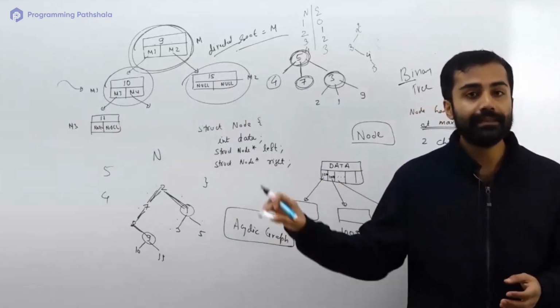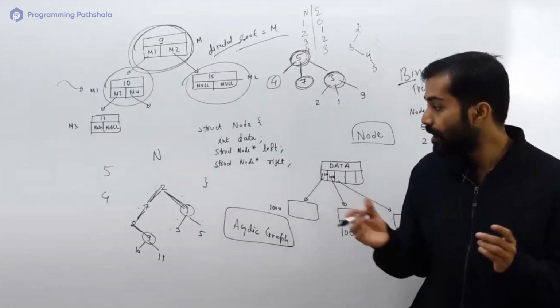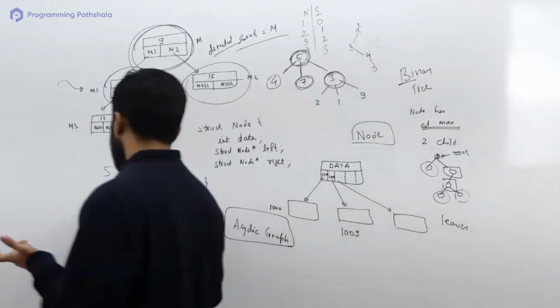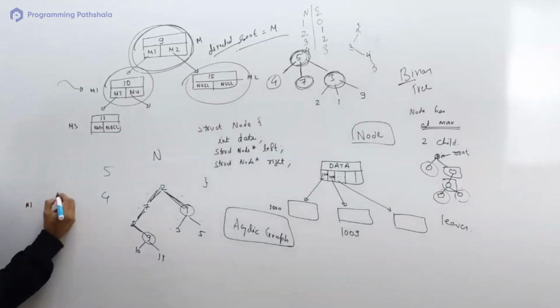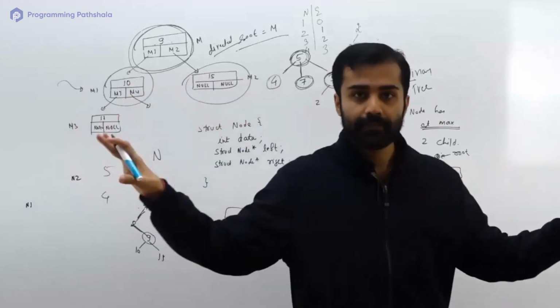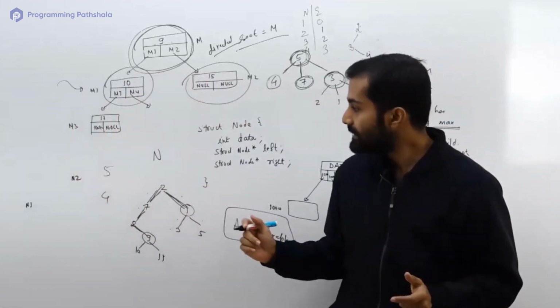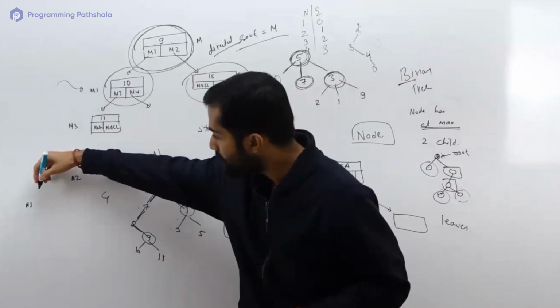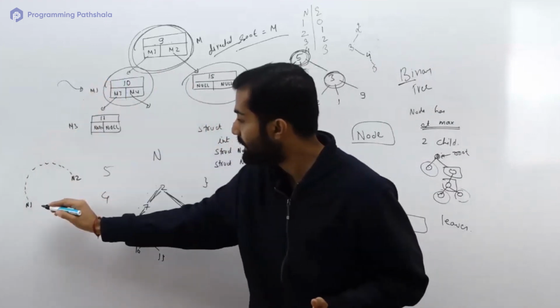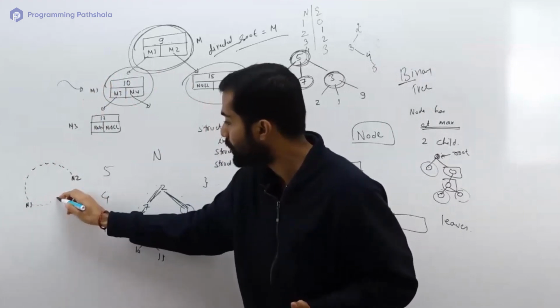Let me tell you why this is a consequence of no cycles. Let's say there are two nodes, N1 and N2. These nodes are part of a very big tree. I have not drawn the entire tree. Now, let's say there is some path from here to here, and then you say there is yet another path from here to here.